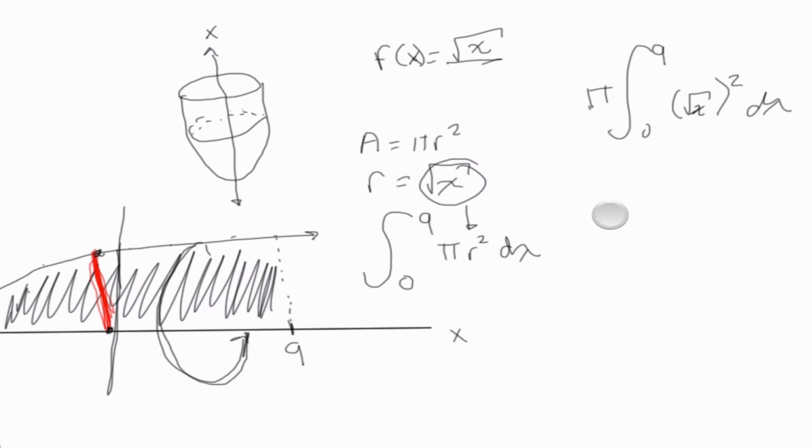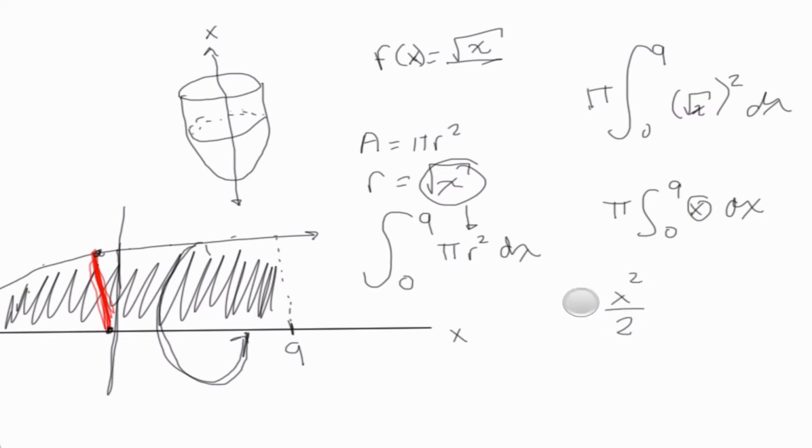You can do the algebra right in the integral, and so that comes out to be pi on the outside of the integral from 0 to 9 of x dx. That's a pretty easy definite integral to integrate, because the antiderivative of x is going to give you x squared over 2.